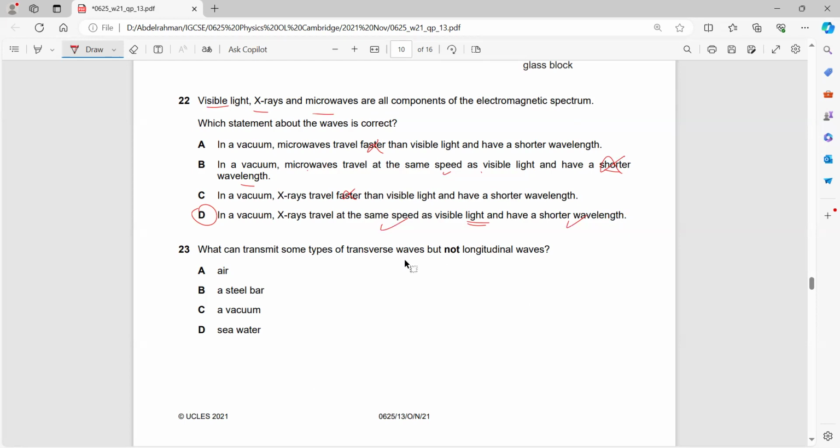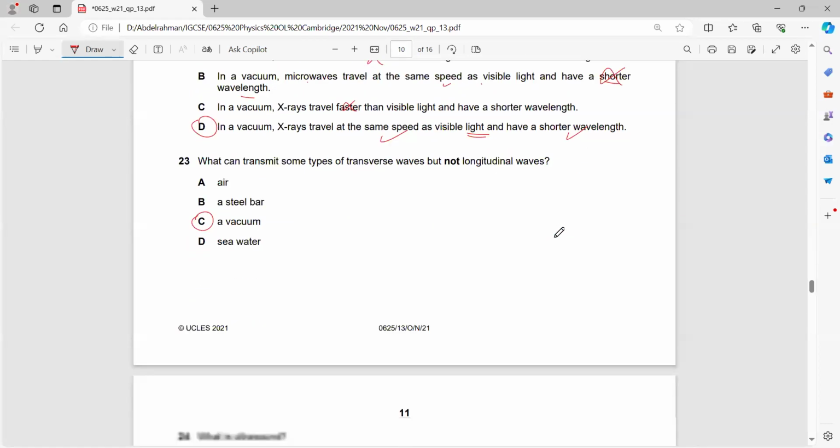Because the vacuum can transfer transverse waves, which are the electromagnetic waves, but it cannot transmit sound waves, which are longitudinal waves. Whether the vacuum is in space or on Earth, you can have a vacuum chamber on Earth, and in this chamber you cannot transmit sound.